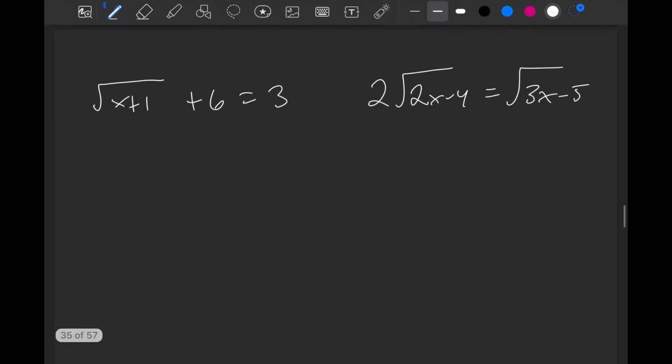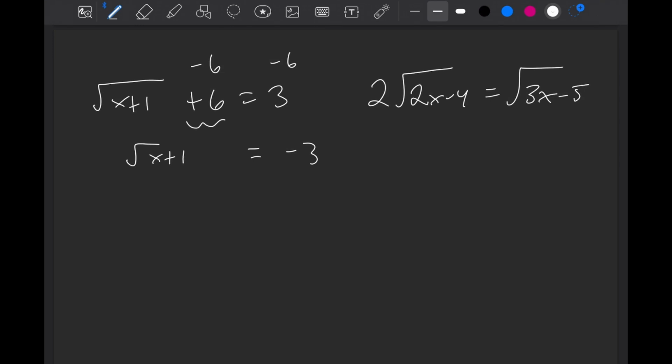Okay, try these ones. So first thing we're going to do again is subtract 6 to isolate the root x plus 1, and we'll get minus 3 equals root x plus 1.